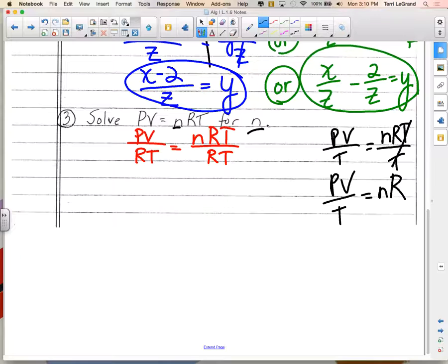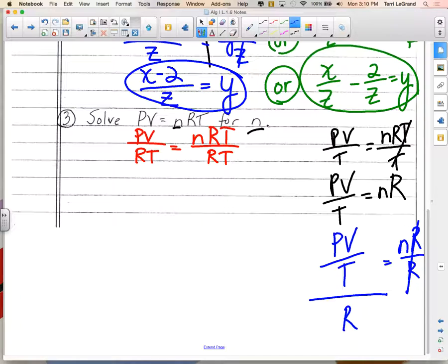Well, you can't be done yet, can you? So the next thing you're going to say is, now I have to divide both sides by R. So here's what you would have. PV over T, and then that has to be divided by R, just like the other side has to be divided by R. Over here, they're going to cancel, but look at this.